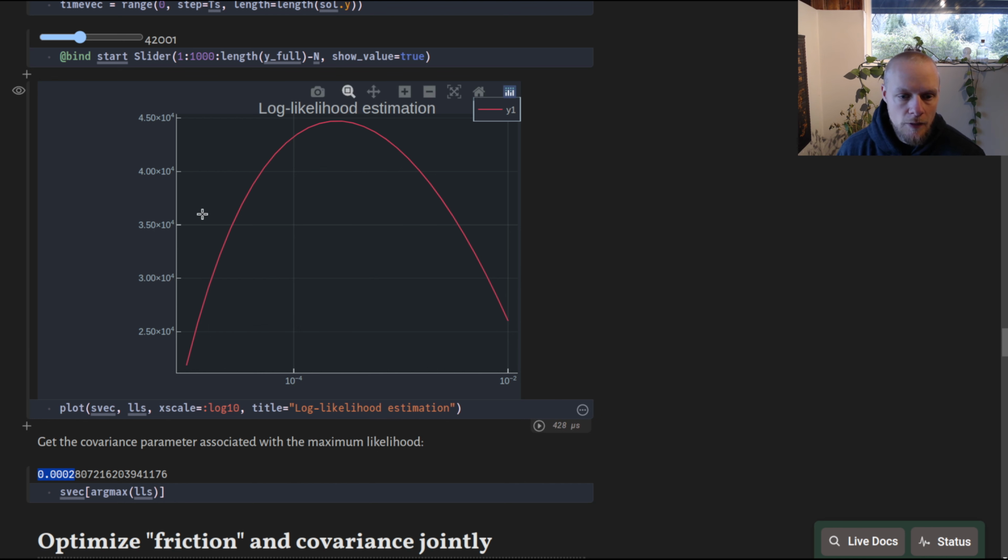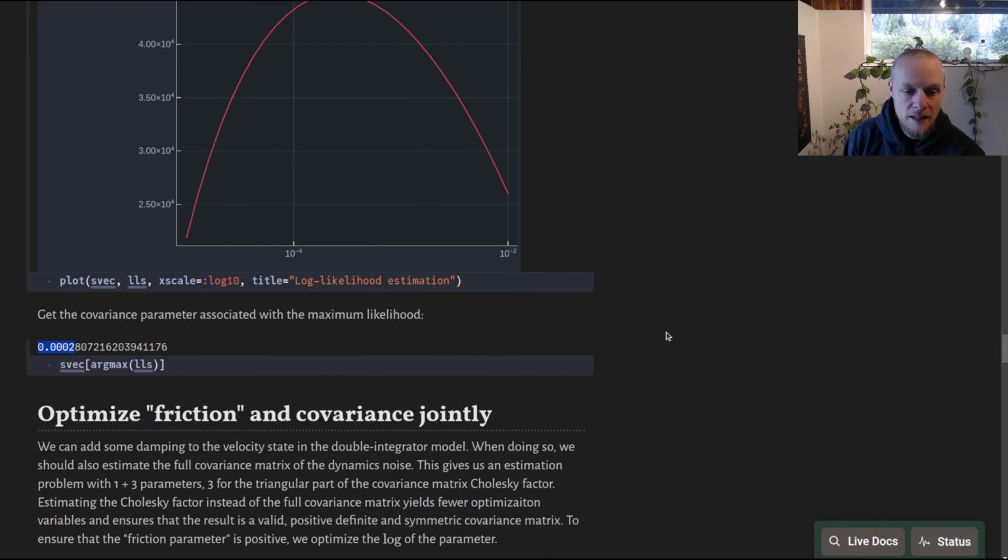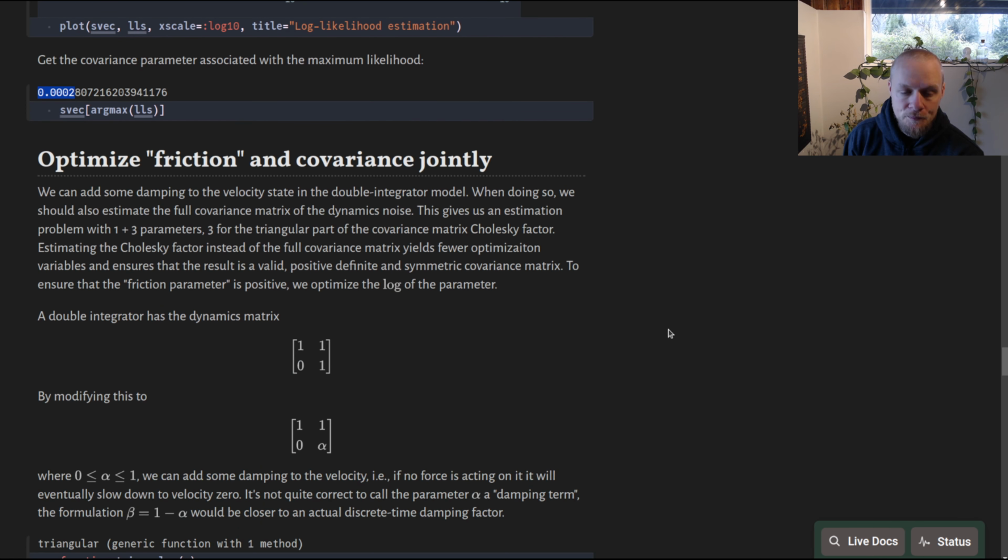So if we would like, we could use this value and then perform the filtering again, and maybe we will get a slightly better result. But we will actually take this a step further. So here we optimized only the covariance matrix. We could actually optimize not only the covariance but also some parameters of the model at the same time, and we will do that here.